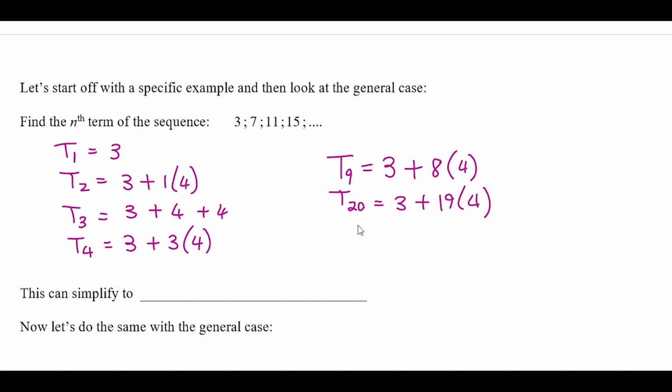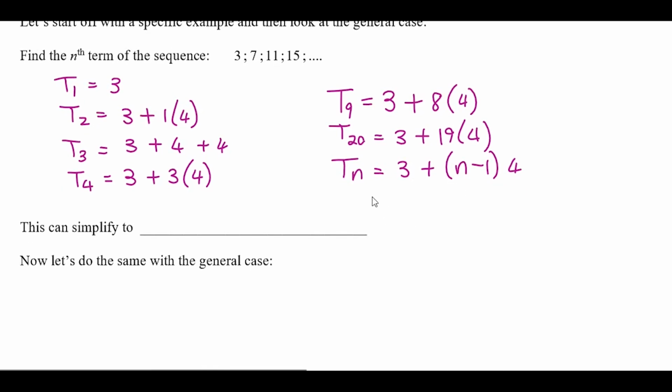And clearly, Tn would be 3 plus n minus 1 lots of 4. Now, if we want to, we can take the brackets out of that, and we get 3 plus 4n minus 4, which simplifies to Tn is 4n minus 1.